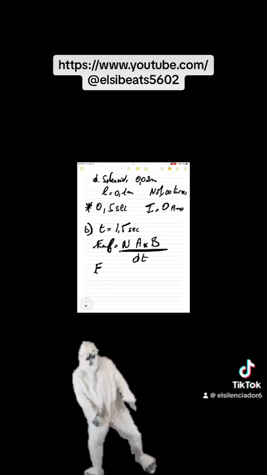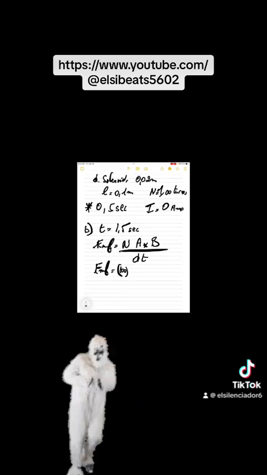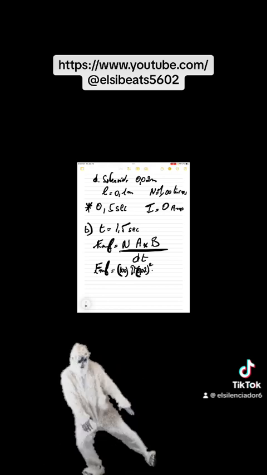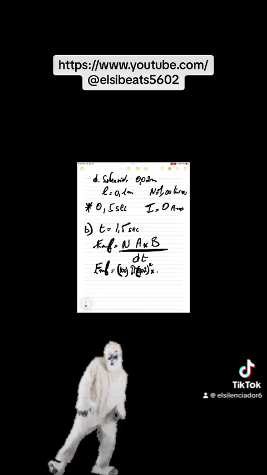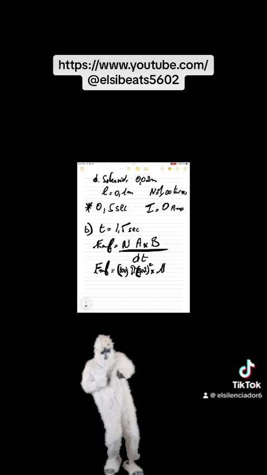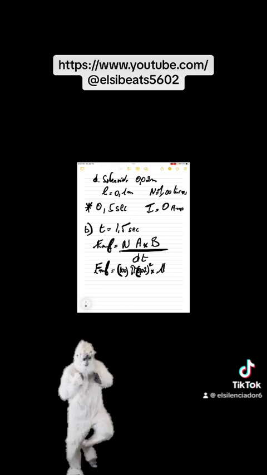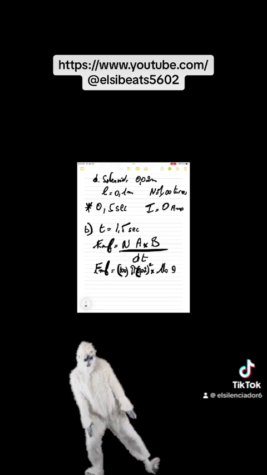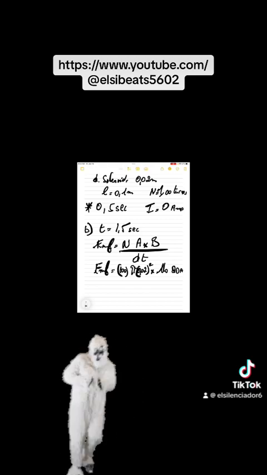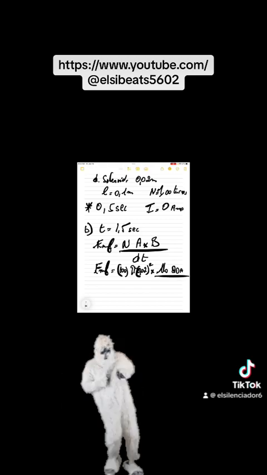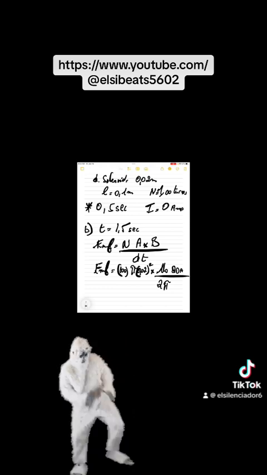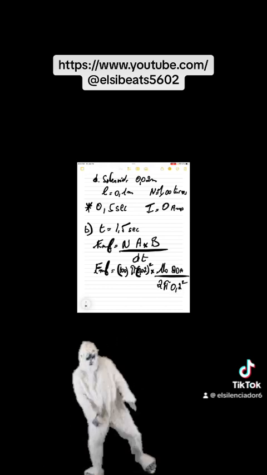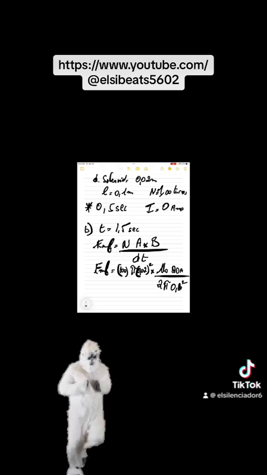So EMF is equal to 100 multiplied by the area of the loop, 0.02 squared, multiplied by the magnetic field of the solenoid, that's 20 amp, divided by 2 pi, and the radius of the loop, 0.02 squared.